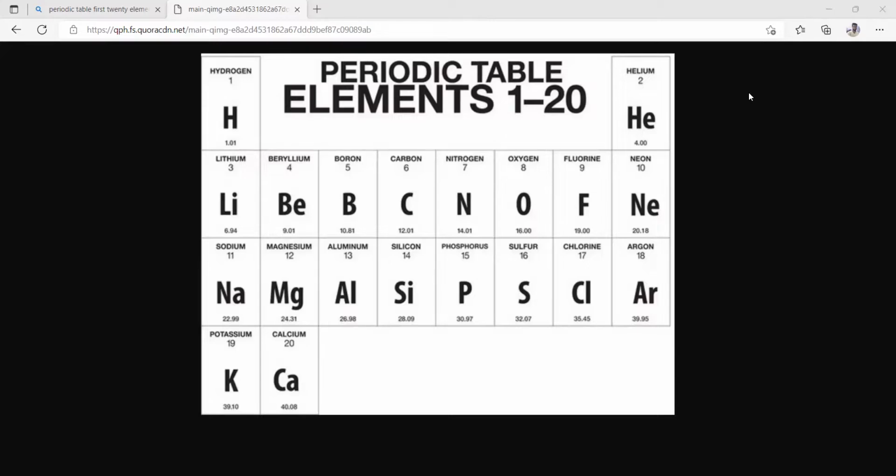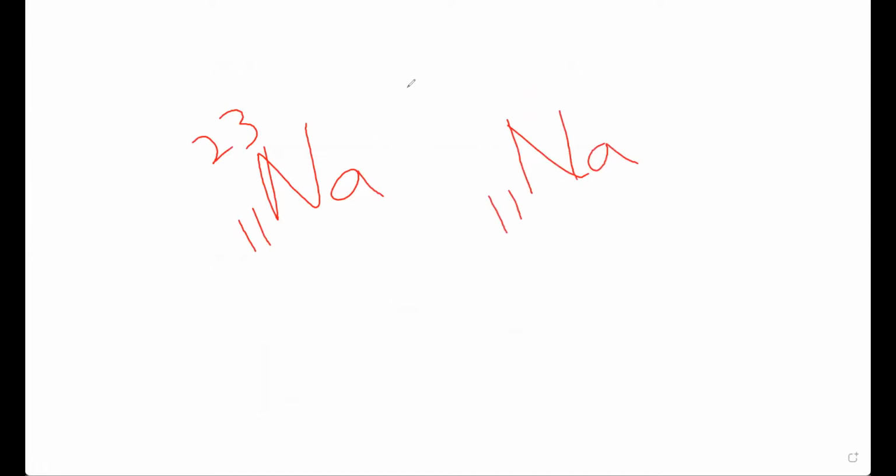For example, I am comparing the neutral ion and the charged ion. Right. Na, sodium 11, 23. This one is neutral ion. And Na 11, 23 plus, this one is charged ion.